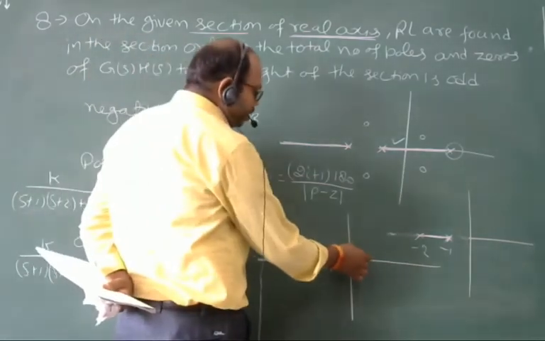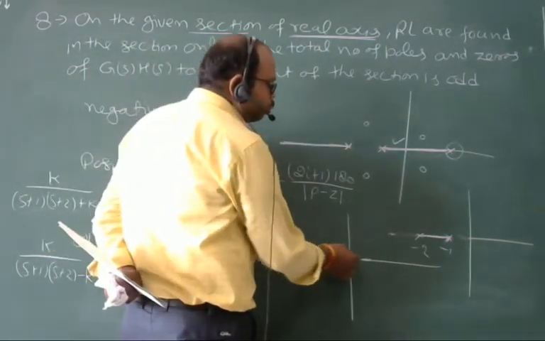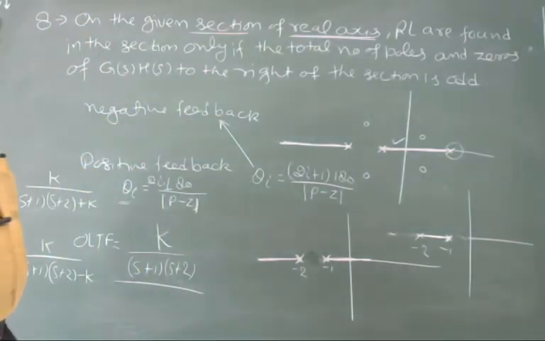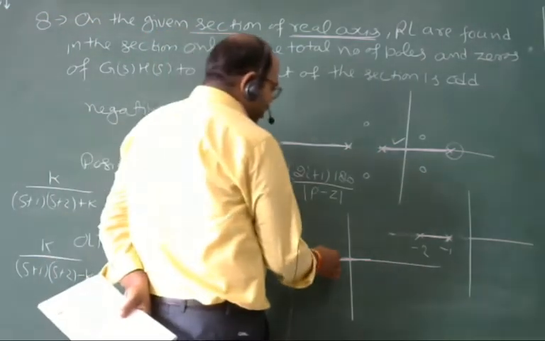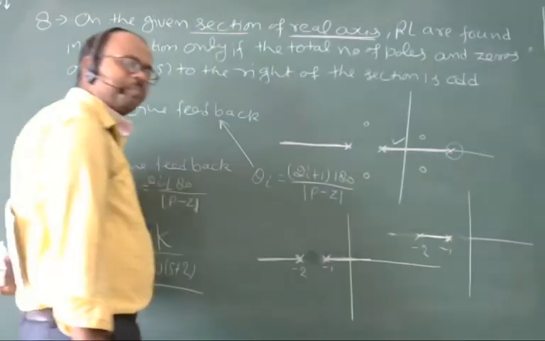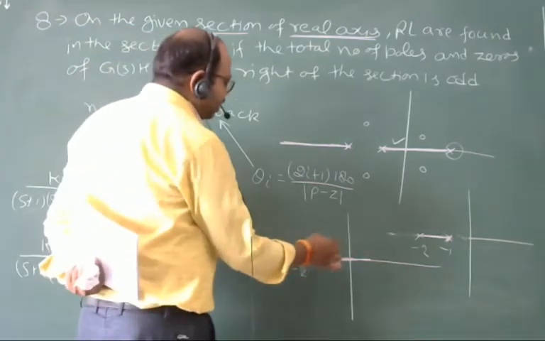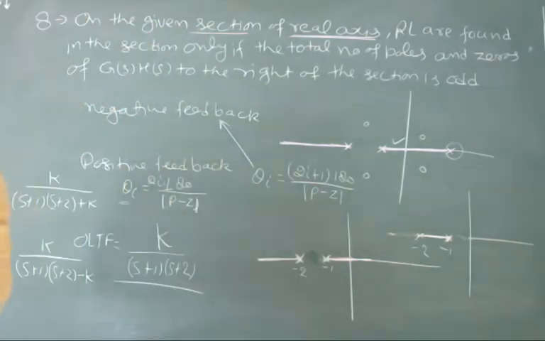Similarly, in this section, the number of roots in the right of this section is 0, which is again even. So root locus exists here. Therefore, in this case, we will use positive feedback.